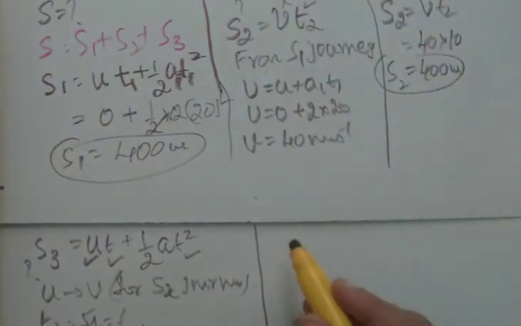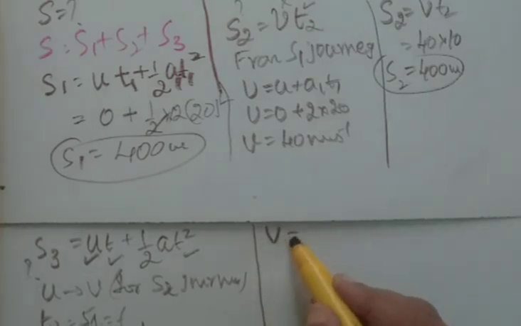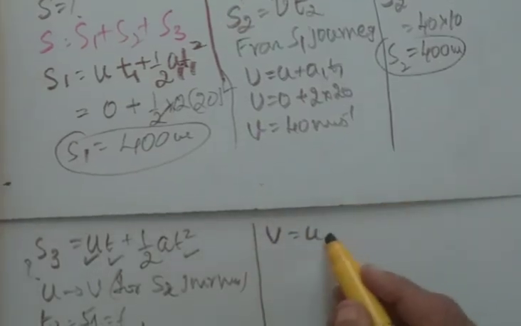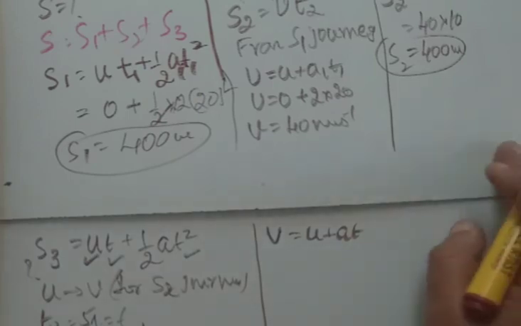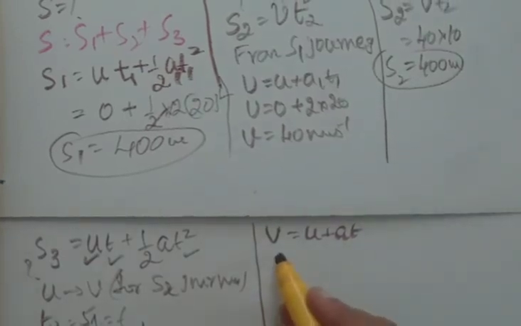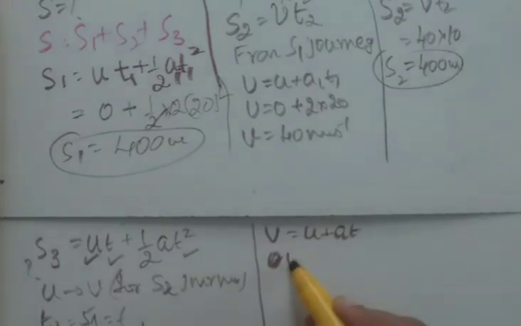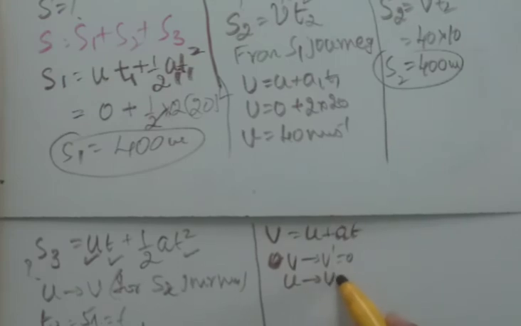So as you can guess now easily, we use V equals U plus AT. V is V dash, which is equal to 0. U is V now, which is 40 meter per second. And T is 5 seconds, T is T3.